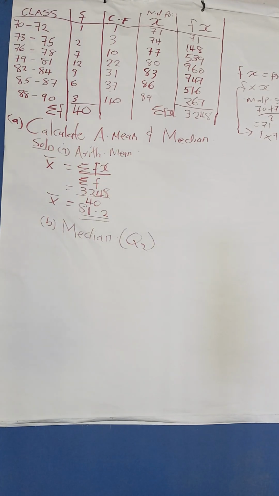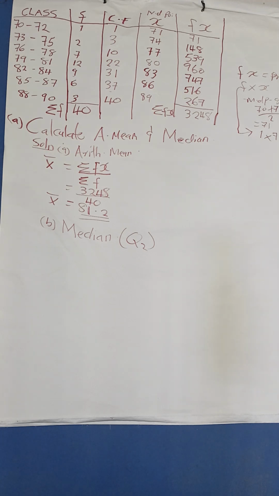We did it for the ungrouped data, and you could see I used two methods: arranging your data in ascending order and then using the chopping method, or using 1 over 2 into bracket n plus 1, the nth item, then going to your data arranged in ascending order to get your median. That is for the ungrouped data.